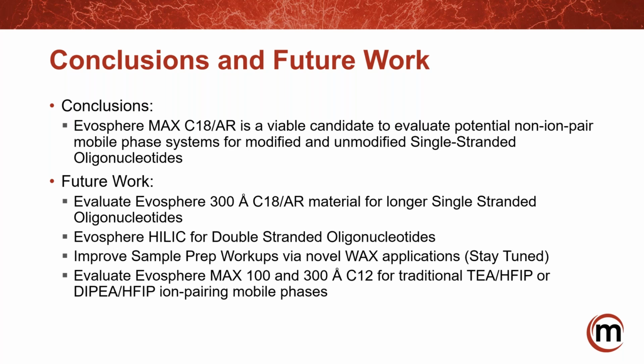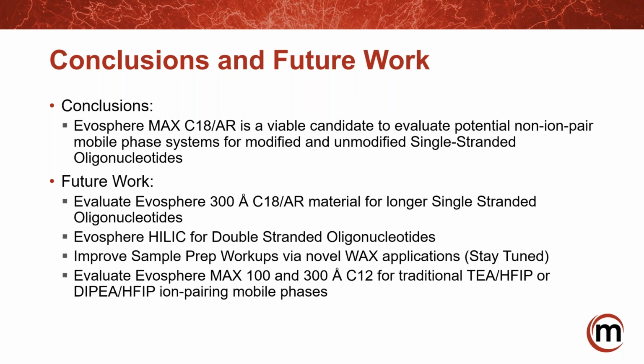And then we've also been asked, hey, I have my existing ion pair methods that are working great, but a little more resolution is always a positive, and could I run this on 100 angstrom C12? The thing about these ion pairs is they tend to have pHs around 9.7 to 10. They tend to run really hot, so you need a phase that is high pH stable.